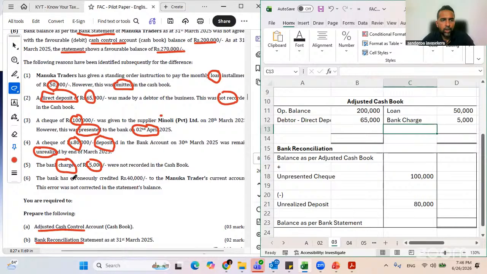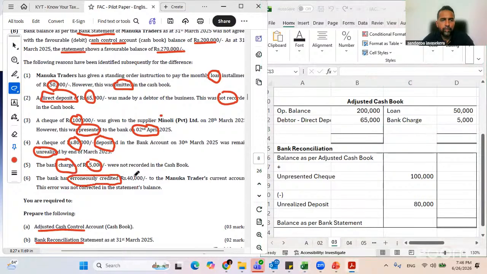The 6th one: the bank has erroneously credited 40. It's a bank error. You know, our bank account is an asset for us, so increase is debit, decrease is credit. But to the bank, the same account is a liability.